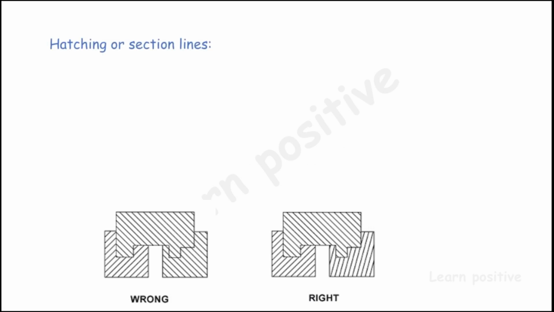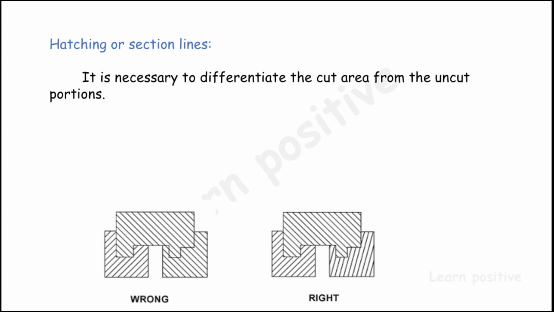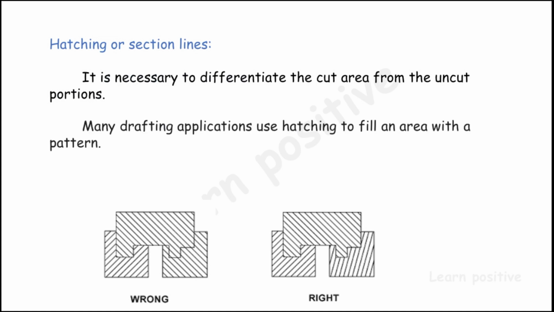Today's topic is hatching lines or section lines. Hatching lines are necessary to differentiate the cutting area from the uncut portion of the components. So many drafting applications use hatching to fill an area with a pattern, like drawing lines or different types of lines and curved lines.